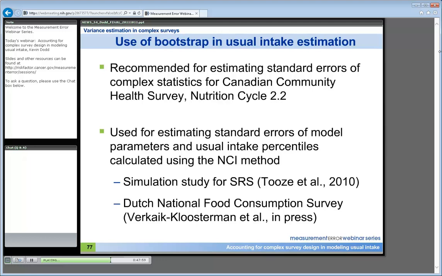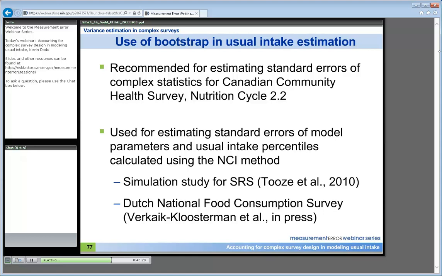Now, I said the Bootstrap is not used as often as some of the other methods, but it does get used. In fact, it's recommended to use the Bootstrap for standard error estimation in Nutrition Cycle 2.2 of the Canadian Community Health Survey, and I'm aware of its use in at least 2 other applications of the NCI method for usual intake modeling. The first of these was a simulation study done by Dr. Janet Tooze that showed that the Bootstrap does work for estimating model parameters and percentile estimates based on the NCI method.